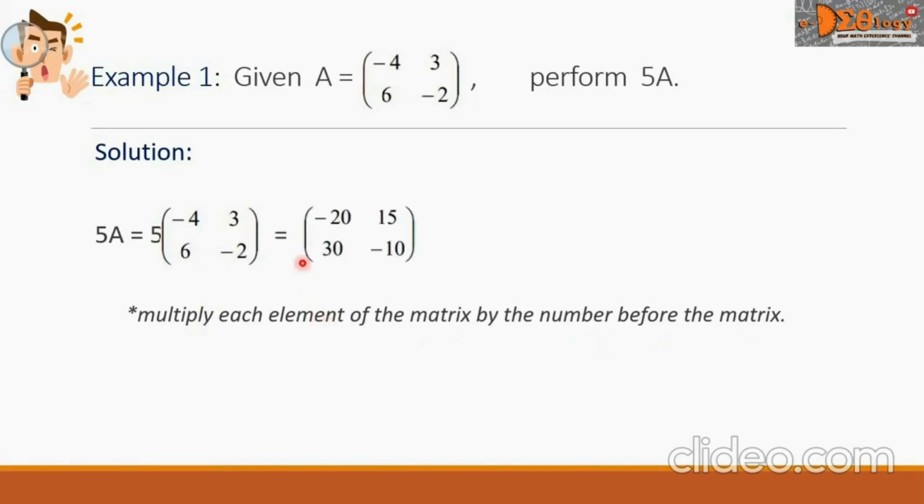So we have this. 5 times negative 4, negative 20. 5 times 3, 15. 5 times 6, 30. 5 times negative 2, negative 10. This is the final answer.